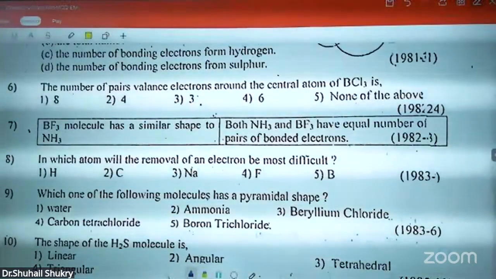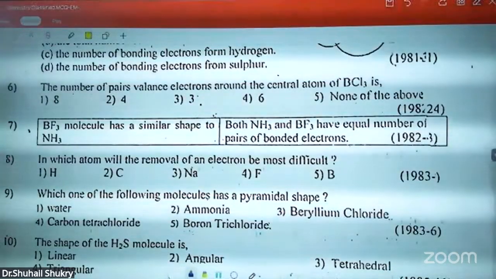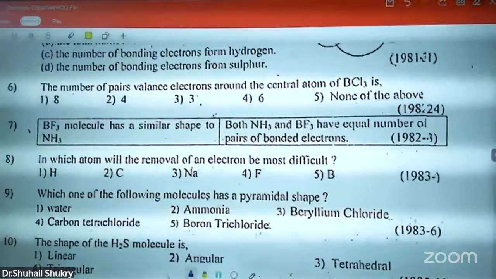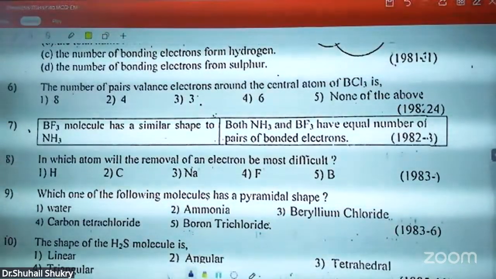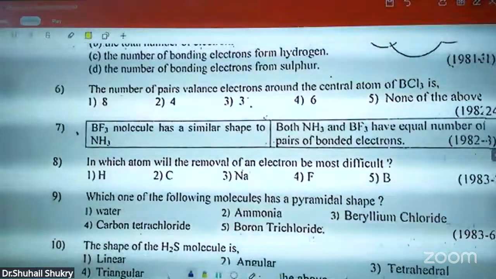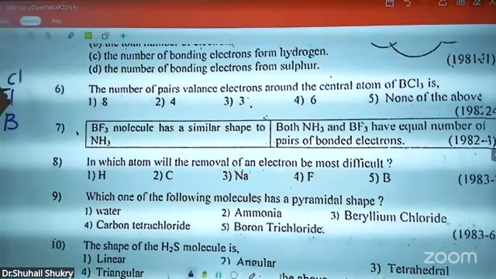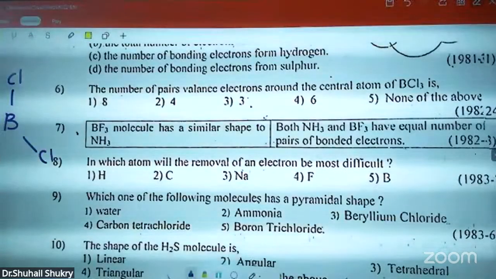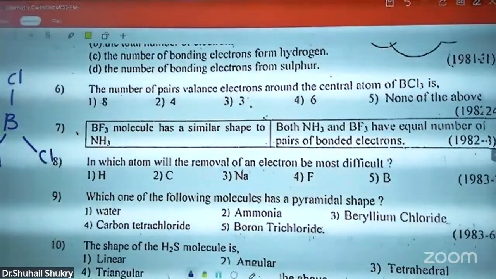But still you can tell. The central atom of BCl3. So BCl3, how to draw it? You can draw like this, no? B, chlorine. This is BCl3. What is the shape of BCl3, guys? Come on, speak up.